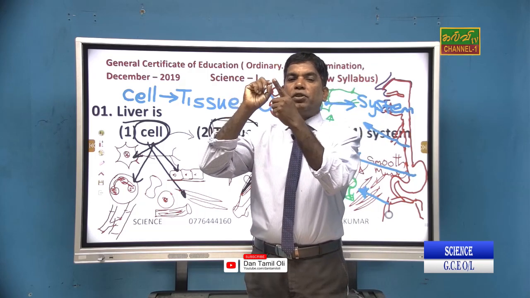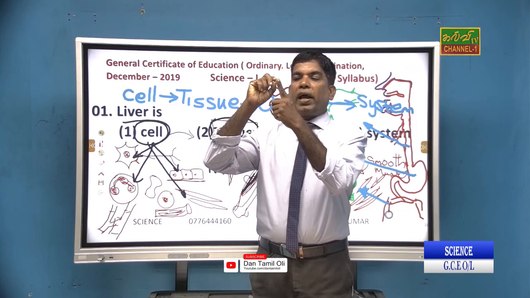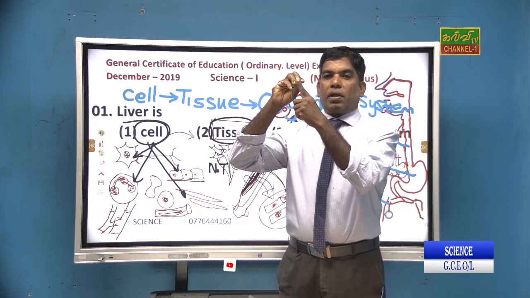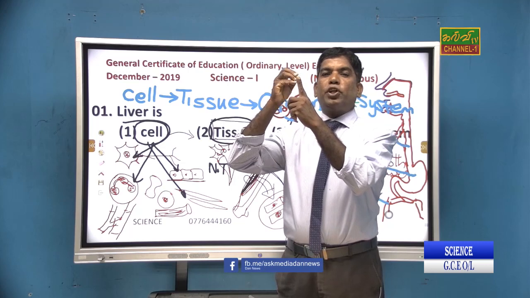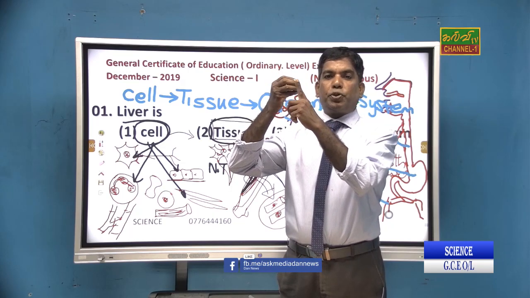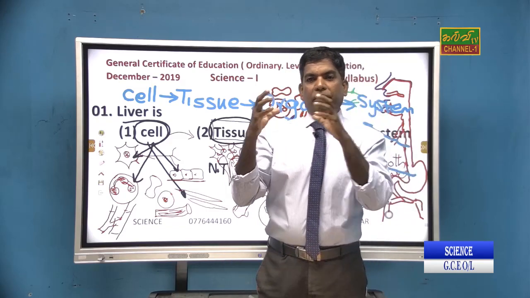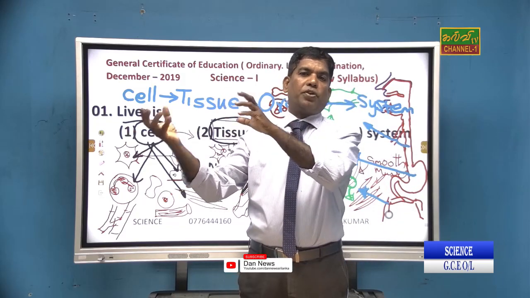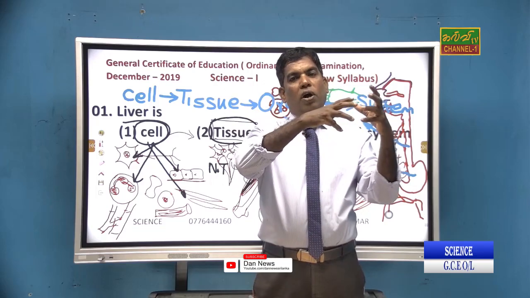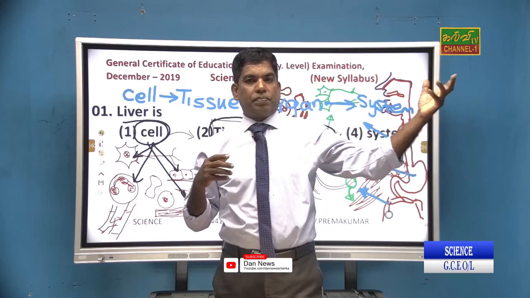Then blood supply: when you prick the finger you see the blood come out, so blood tissues are there, liquid tissues. So here we understand the order: cell to tissue to organ to system.